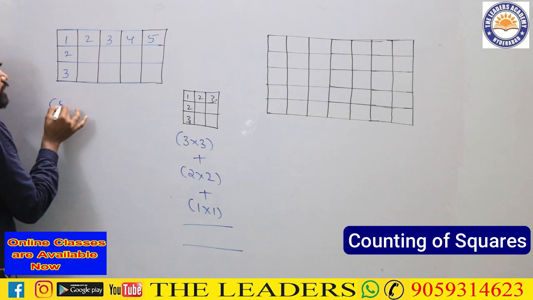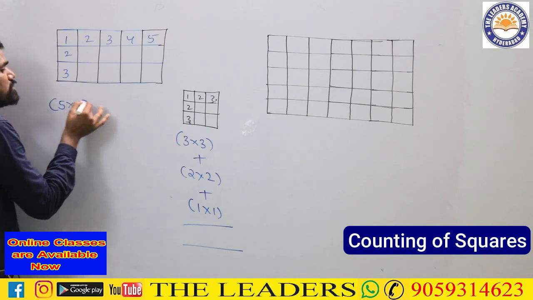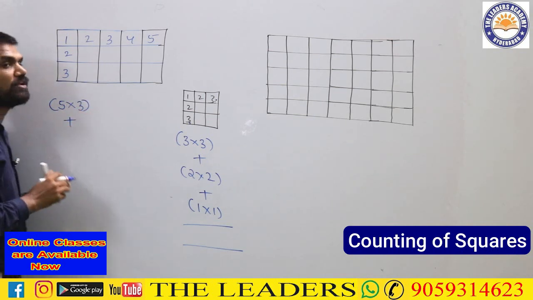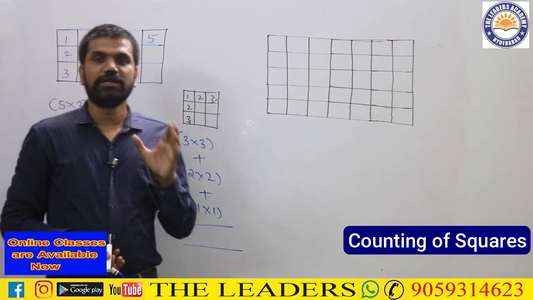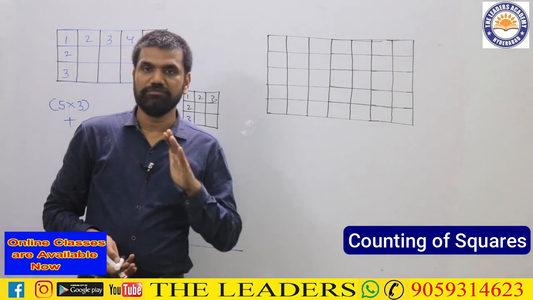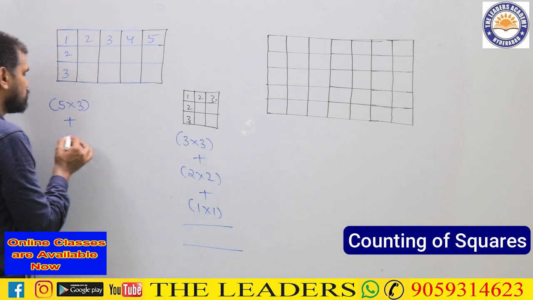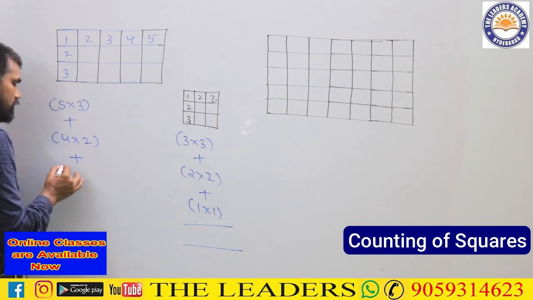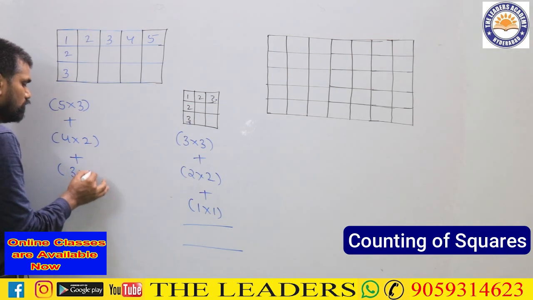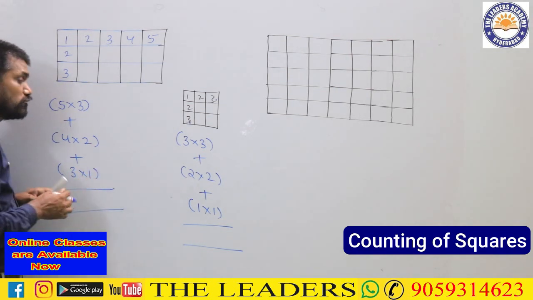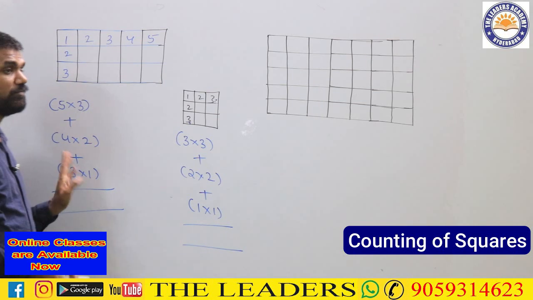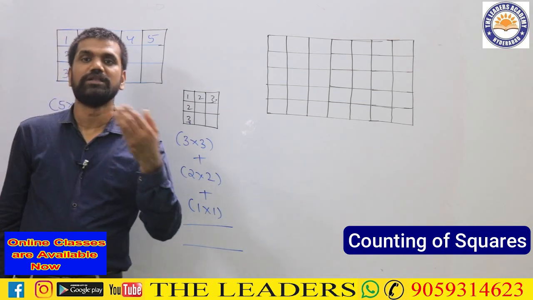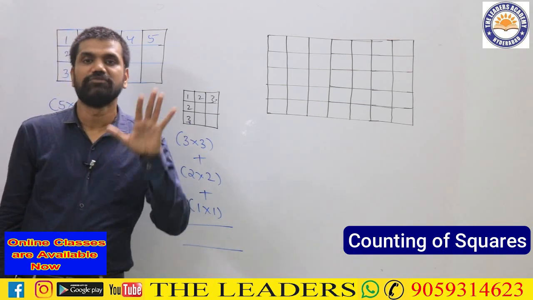So you start with largest into largest. After that, keep on decreasing each number by 1 every time. If you do that, the next one will be 4 into 2. Further, decrease each by 1, that will be 3 into 1. Sir, when should I stop? You have to stop whenever you reach one of the terms as 1. If one of the numbers becomes 1, stop there. That's the last step of counting.